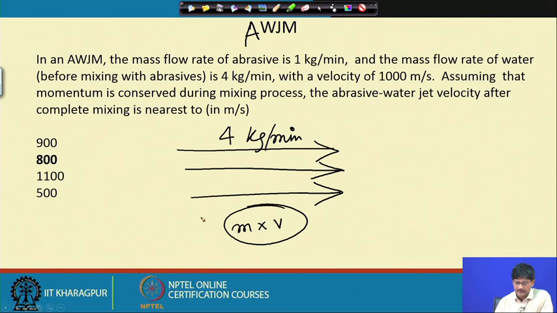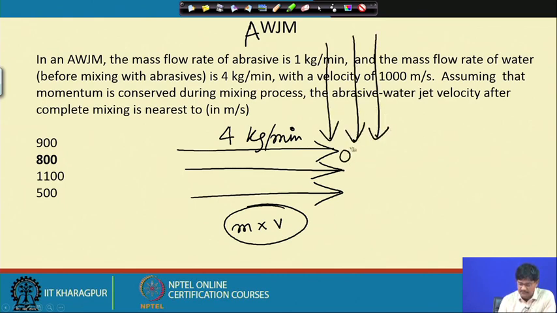Whatever momentum is carried by the water jet, abrasives are put inside this particular stream. What is the abrasive velocity? Practically 0. The abrasives have no velocity to contribute.